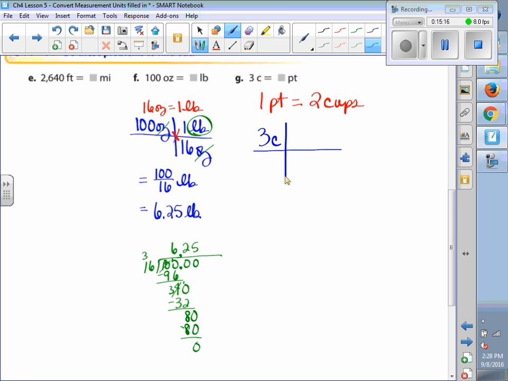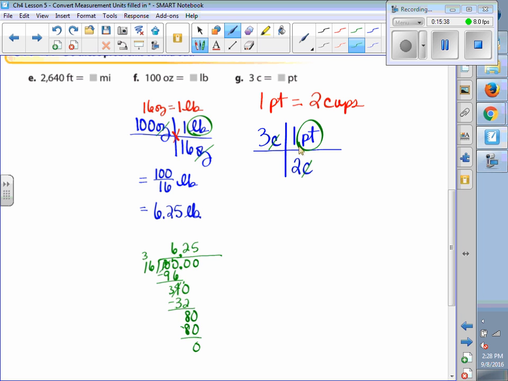So, because I have cups in the numerator, I want cups to be in the denominator when I put it in my table. So we've got 2 cups in the denominator, 1 pint in the numerator, and now you can see cups and cups will cancel, and we're left with pint.